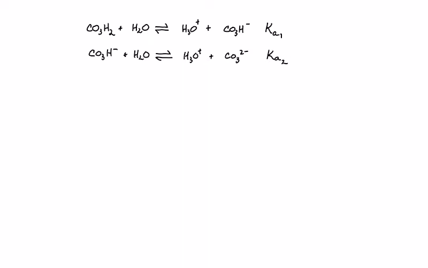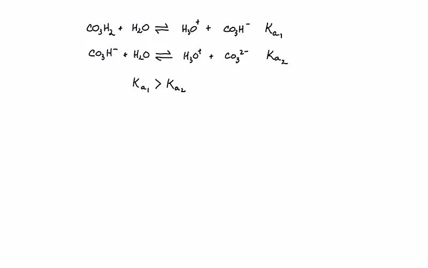We're going to call that Ka2. Now, one generalization that we can make here, and this is going to be true for every acid, is that Ka1 will always be greater than Ka2 and any successive Ka values.